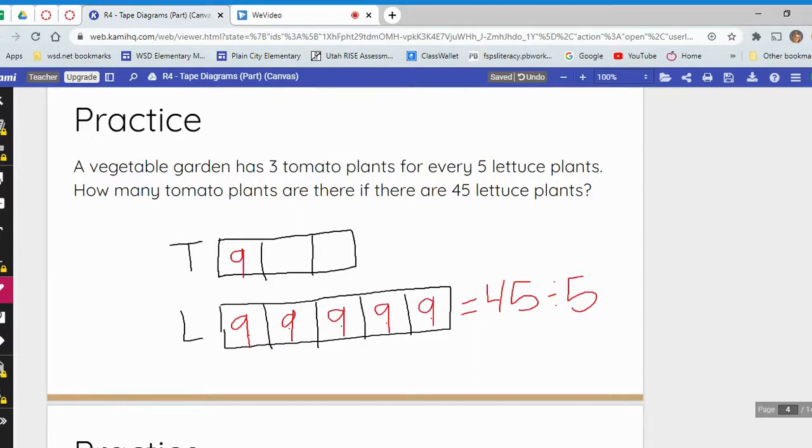All of these represent 9. Now I can answer my question. How many tomato plants are there? Well, 9 times, how many sections for tomatoes? 3. So there has to be 27 tomato plants to keep that ratio of 3 tomato to 5 lettuce.